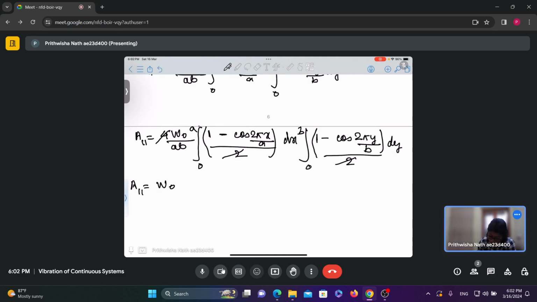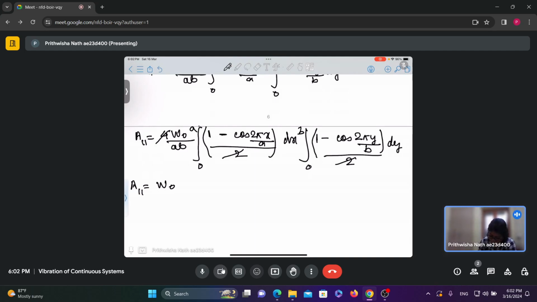Integral from 0 to a of 1 minus cos 2 pi x by a, and 1 minus cos 2 pi y by b dy.